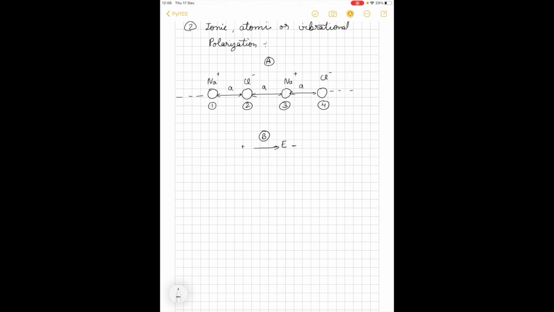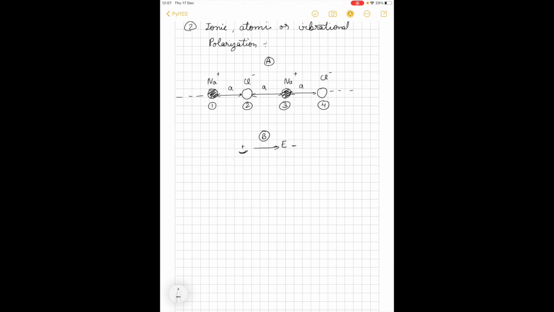So what happens in the presence of an external electric field? The positive cation, Na plus, gets attracted towards the negative end, and the Cl minus anion gets attracted towards the positive end of the electric field. So how does this structure behave? Let's say the cations 1 and 3 move towards the right. Let me draw 1 and 3.